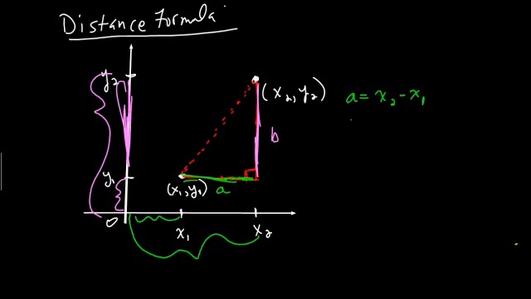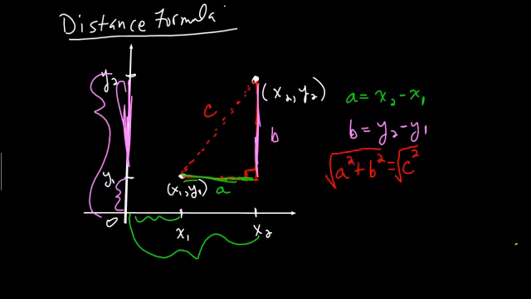So B equals y2 minus y1. And if we call our hypotenuse C, we get that a squared plus b squared equals c squared. And if we solve for c, because we're wanting to find that length, we take the square root of both sides, and I get that c equals the square root of a squared plus b squared.